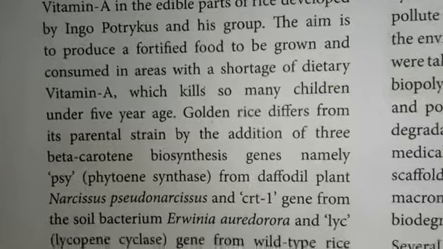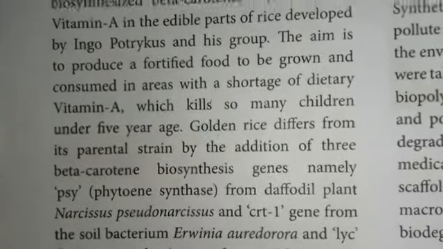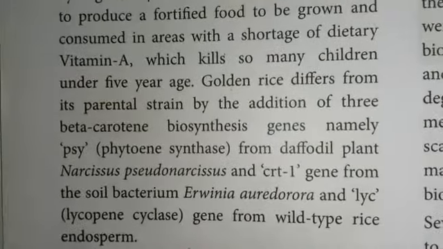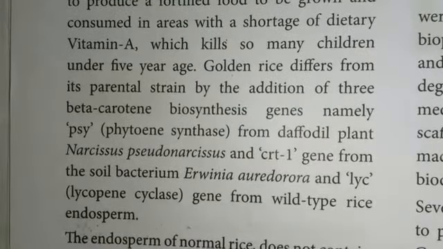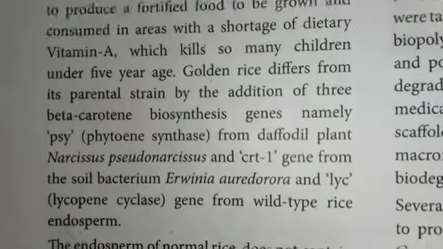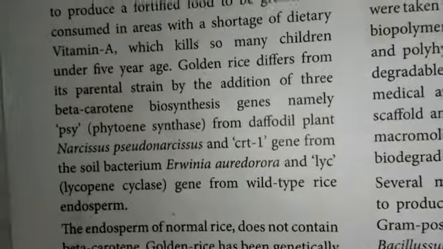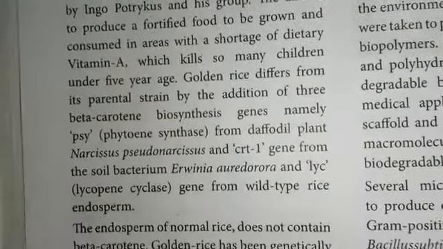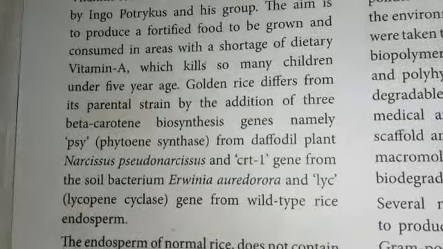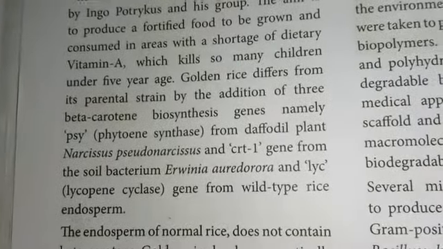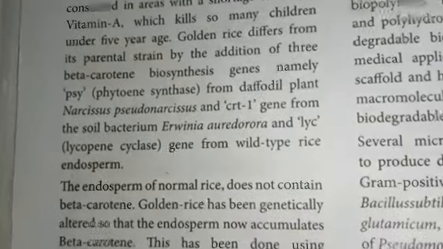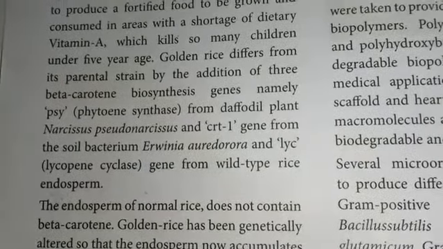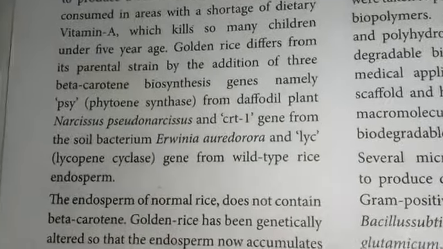This can be prevented by using golden rice or the biofortification method. So the golden rice contains carbohydrates, and in addition also contains beta carotene, which is responsible for the production of vitamin A. Due to the deficiency of vitamin A, many children under the age of 5 years may die.